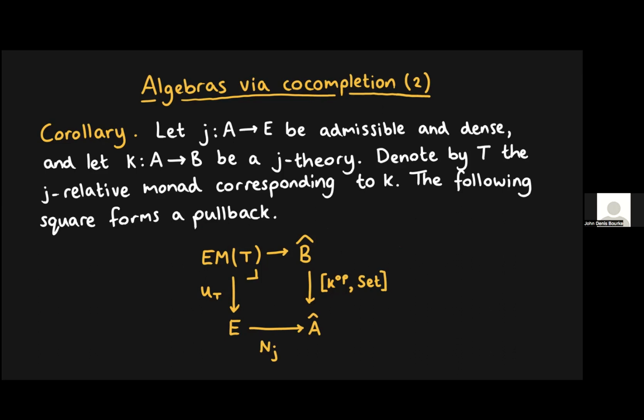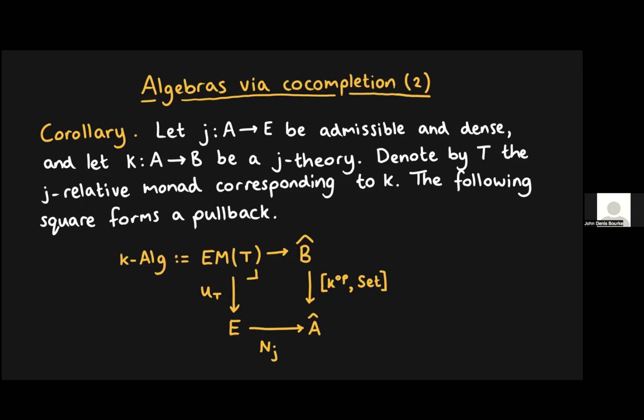So if we again fix J to be such a functor, and we let K be a J-theory, and we denote by T the monad that corresponds to K, then we have the following pullback square. This is just using the pullback theorem from before and the relative monad theory correspondence. So here the pullback is the same, except on the right we have just the functor between presheaf categories induced by precomposition.